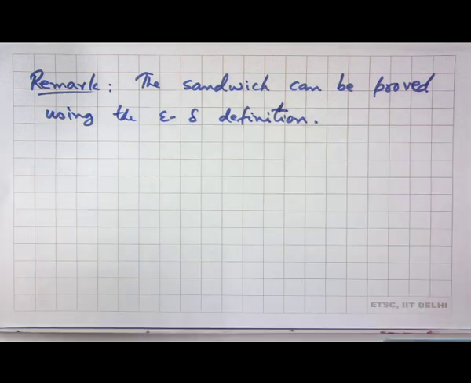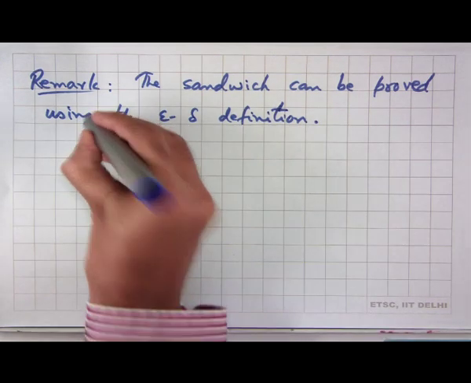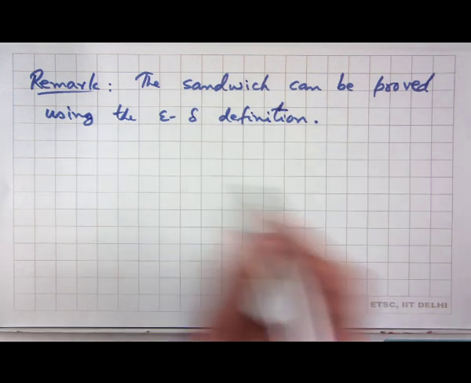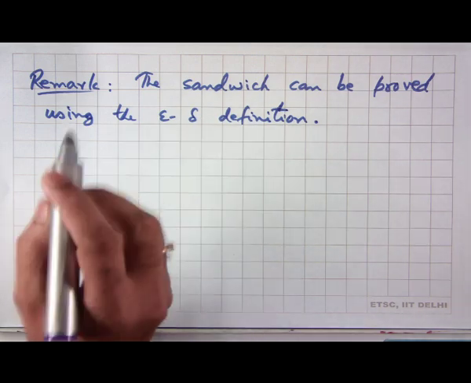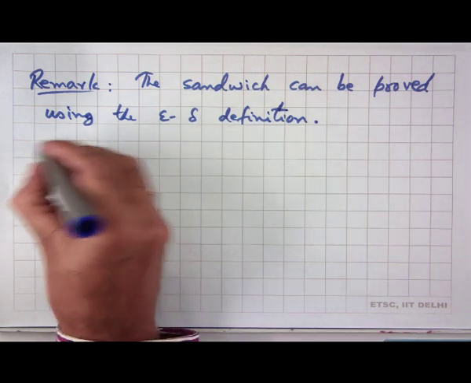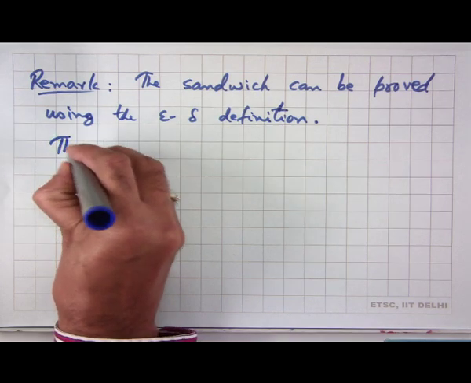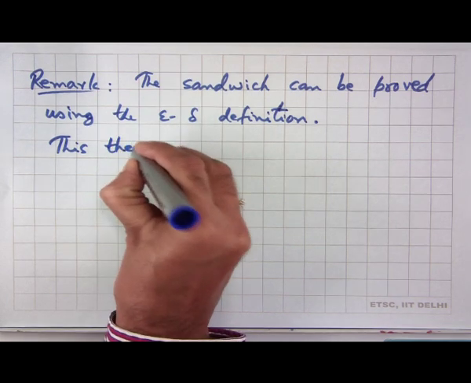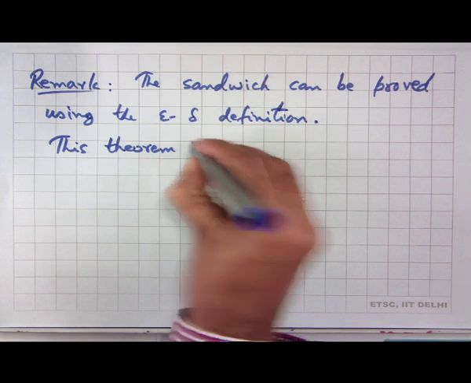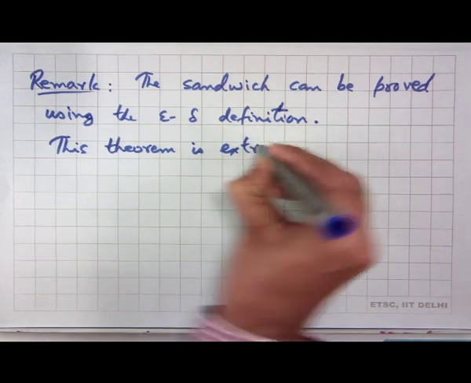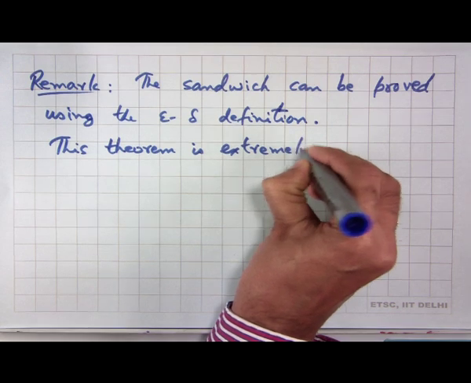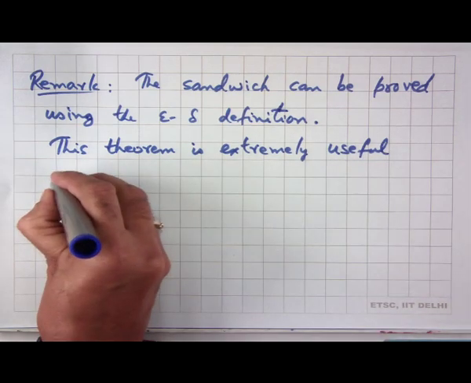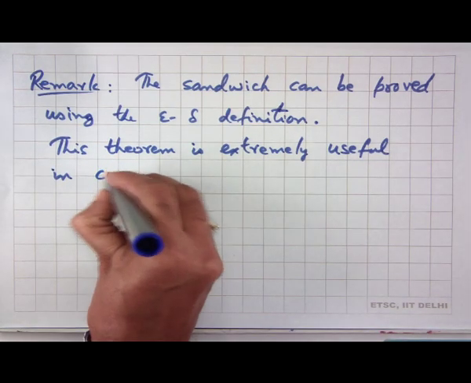I would suggest that the students can try to prove this using this definition, but we will skip the proof. Rather, let us say that this theorem is extremely useful in computing limits.